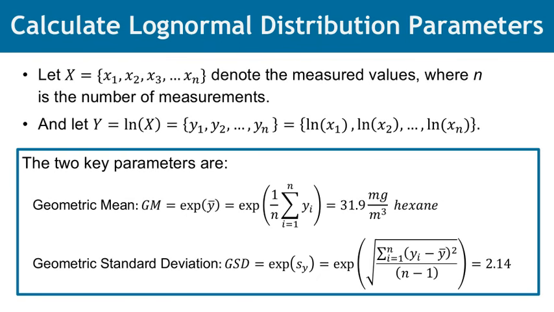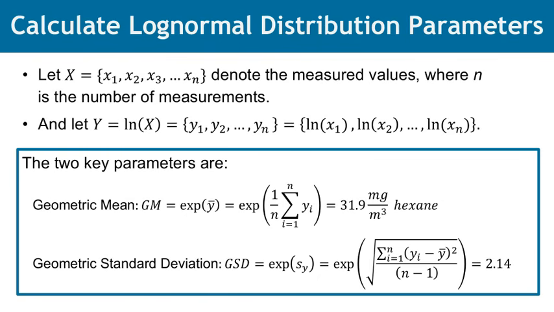I'm going to use a little bit of mathematical notation here to show how to calculate log normal distribution parameters. This is discussed in more detail in other modules, so I will be brief. Let capital X denote a set of measured values, x1, x2, x3, all the way up to xn, where n is the number of measurements.